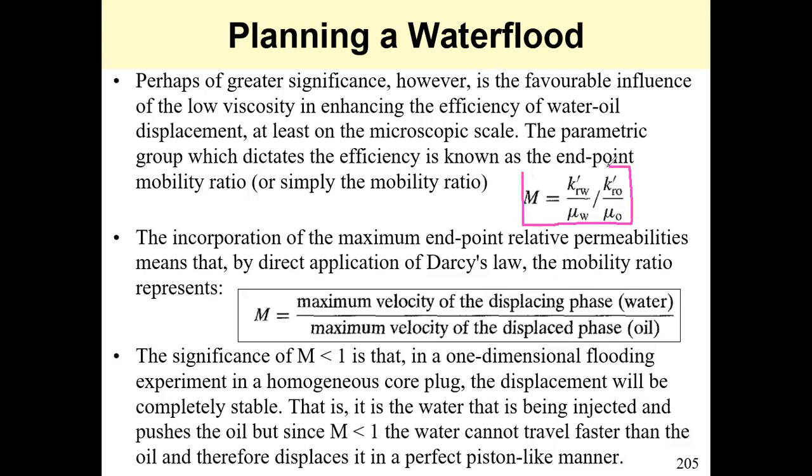This is our mobility ratio. The incorporation of the maximum endpoint relative permeability means that by direct application of Darcy's law, the mobility ratio actually represents the ratio of velocities: the maximum velocity of the displacing phase to the maximum velocity of the displaced phase.